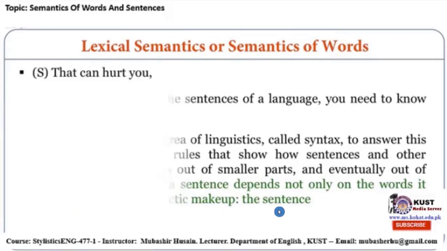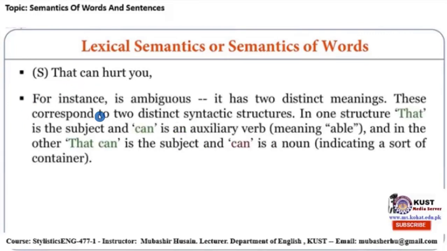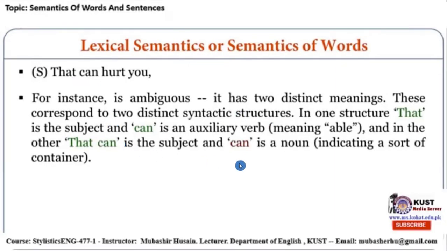The sentence, for example, "That can hurt you" is ambiguous. It has two distinct meanings. In the first, "that" is the subject and "can" is an auxiliary verb, meaning able. In the other, "that" is the subject and "can" is a noun indicating a sort of container.